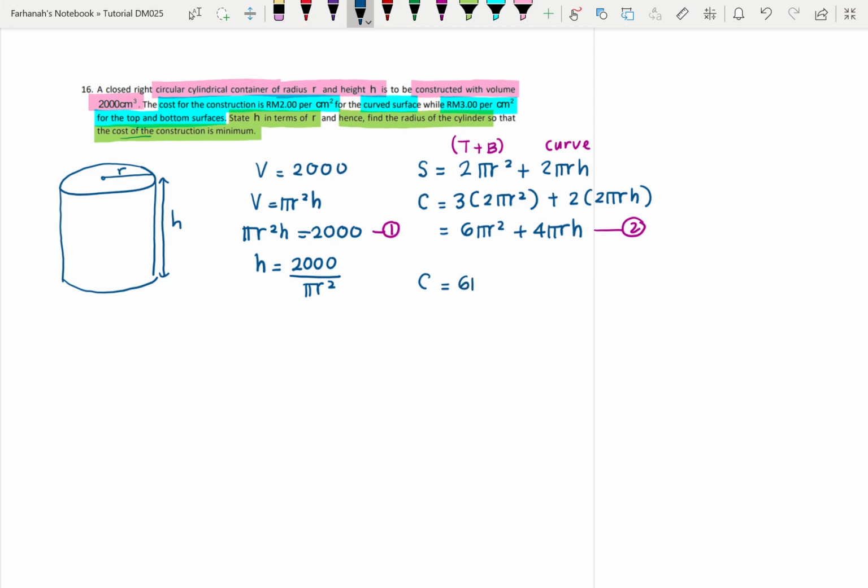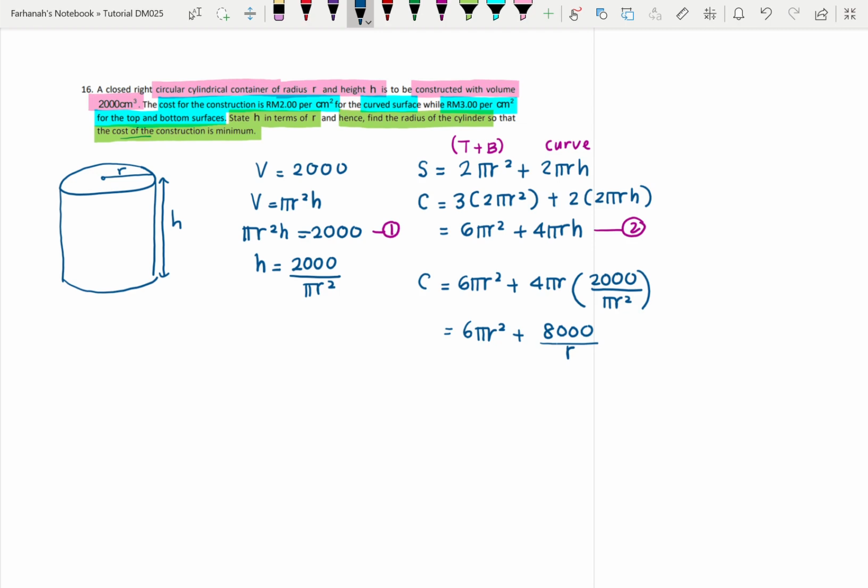So, kita akan dapat 6 pi r square plus with 4 pi r, h gantikan dengan 2000 over pi r square. So, simplifykan this one. Kita akan dapat 6 pi r square plus 8000 over pi, potong pi, r dengan r square, potong, over r je lah yang akan tinggal. Okay, so that one is for the equation C.